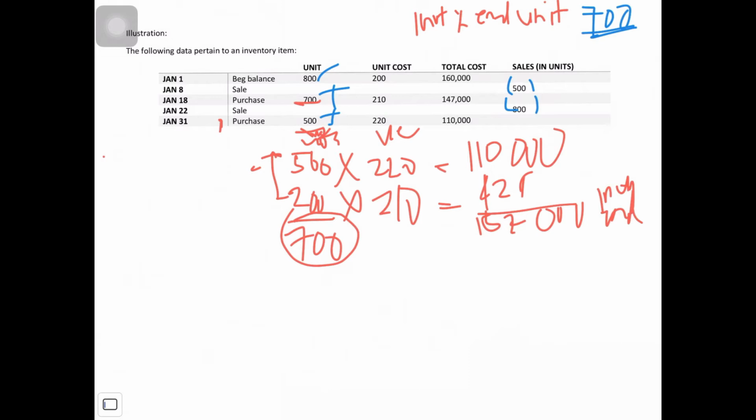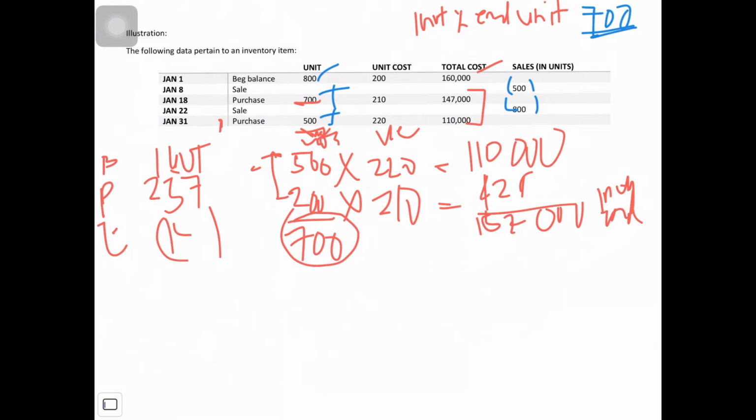If we are going to get, guys, the cost of goods sold here. So, we have beginning 160,000. Then, the purchases, guys, how much? 147 plus 110. So, we have 257. Then, less the end of 157.